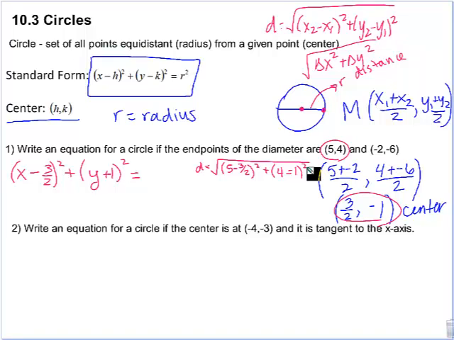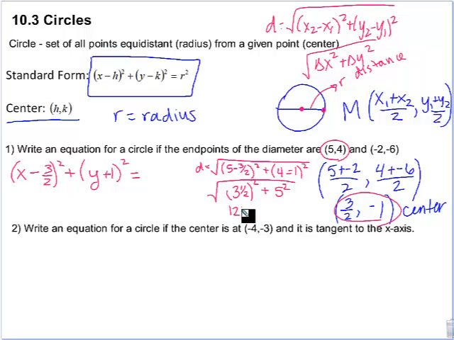It would be 3.5. So that's 3.5 squared plus 4 minus -1 squared, plus 5 squared. Okay, what's 3.5 squared? So that's 12 1/4.